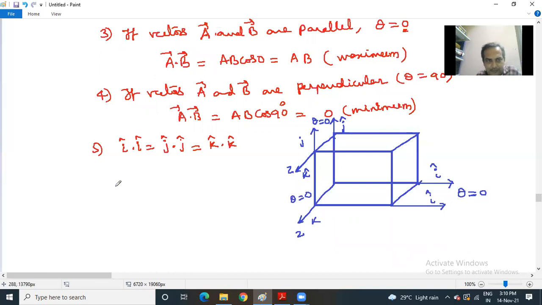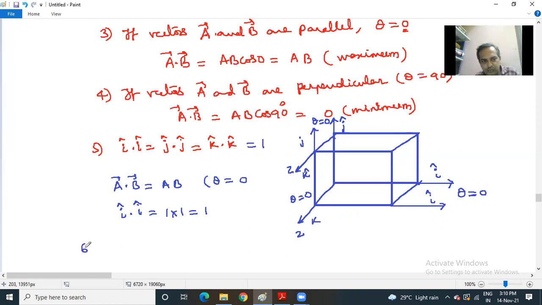So once you get back, A dot B is equal to AB when theta is 0. Therefore, I cap is the vector and B is also I cap. The unit vector magnitude is 1, so 1 into 1 is 1. Similarly, J dot J, similarly K dot K, these are all equal to 1.